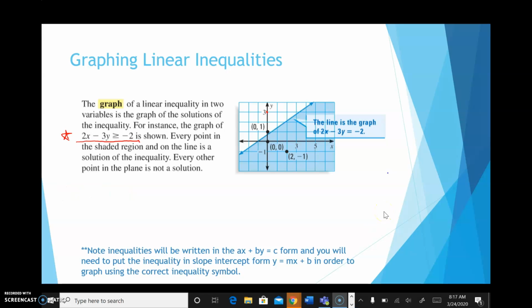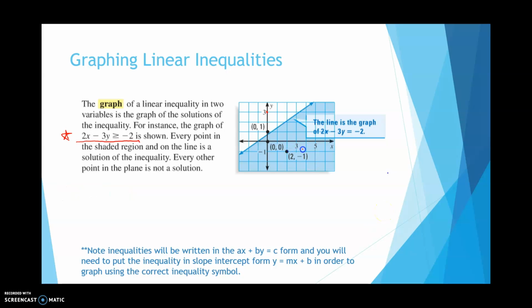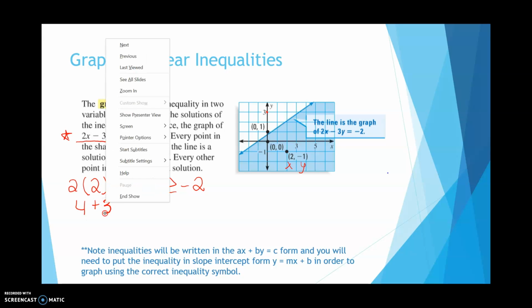So let's go ahead and put 2, -1 into the inequality to see that it's true. So we have here 2 times x, 2 is my x, -1 is my y. So 2 times 2 minus 3 times -1, is that greater than or equal to -2? 2 times 2 is 4 plus 3.